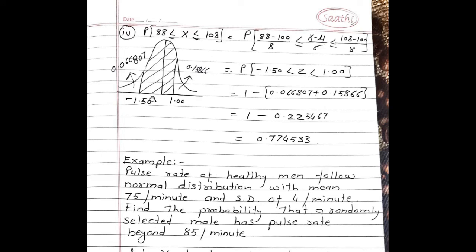Now first of all, draw the curve. 1.5 in the 0 column, value is 0.066807. 1.0 in the 0 column, value is 0.15866. Both the values we don't want, we want the middle part. So 1 minus 0.066807 plus 0.15866, which is equal to 1 minus 0.225467, which can be considered as 0.774533.